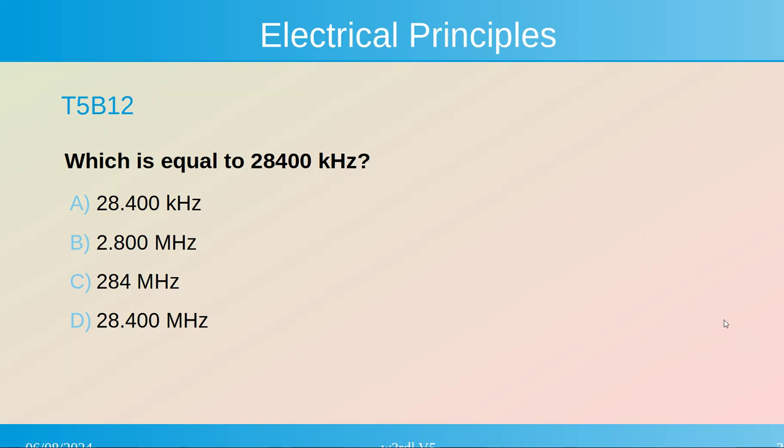It'll be either C or D. Let's see. So we're going kilohertz to megahertz. 1,000 kilohertz in a megahertz, so we're going to divide, right? By 1,000.